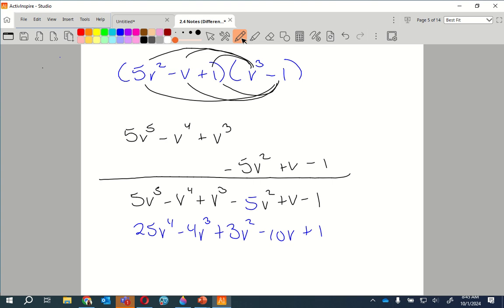Anyway, could you do it either way? Yes. There are times in which this way would be easier than the other ways, but quite often the other way is going to be easiest. So using the product rule is going to be the easiest way to do any of these.